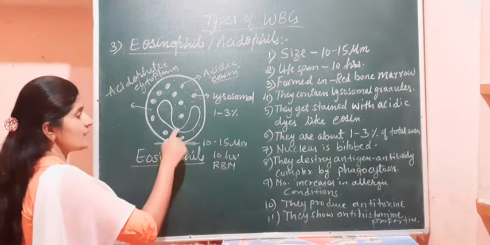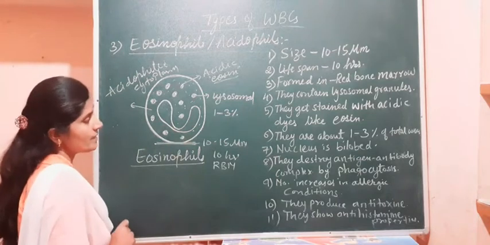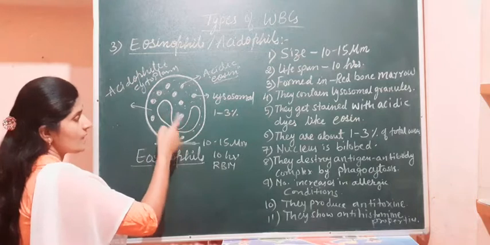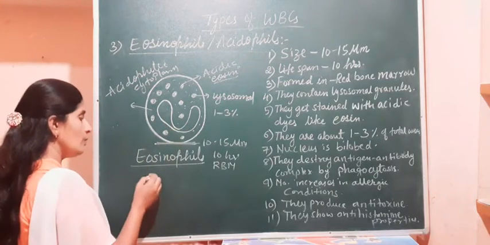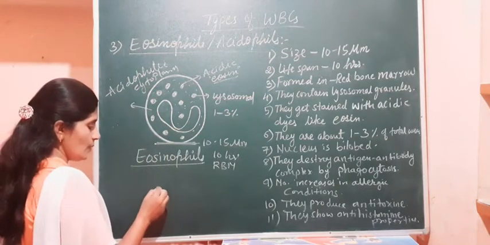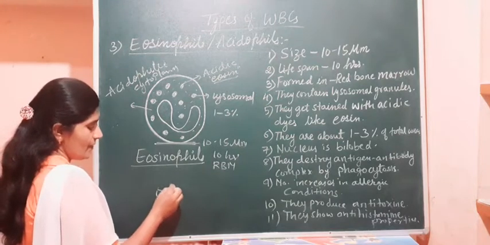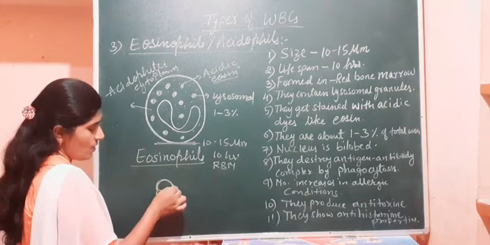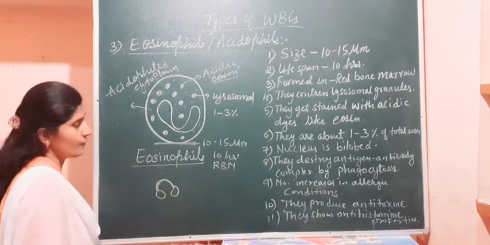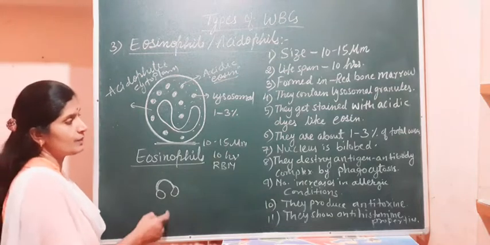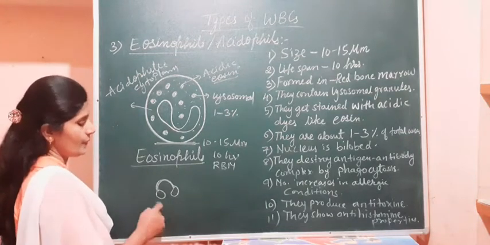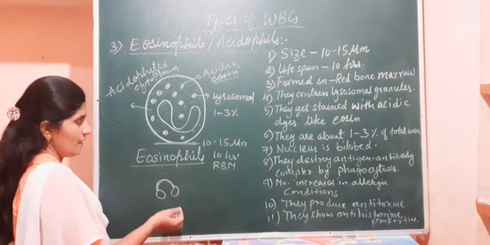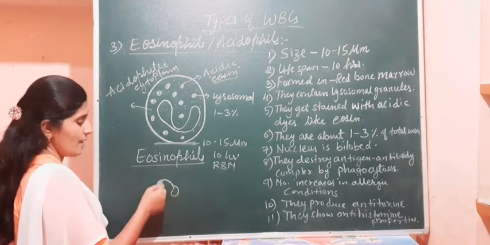The nucleus is bilobed. How many lobes? Only 2 lobes, joined by one small cord. Such a nucleus is found in acidophils. It looks like a headphone, with 2 sides and a cord in the middle.